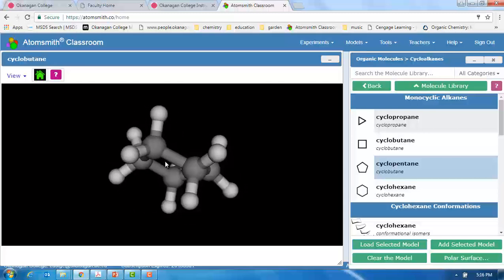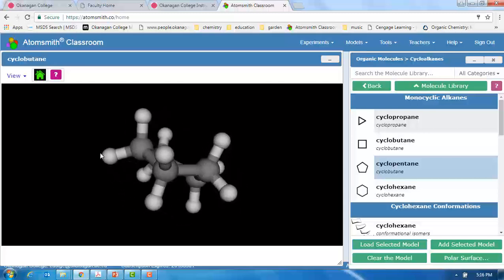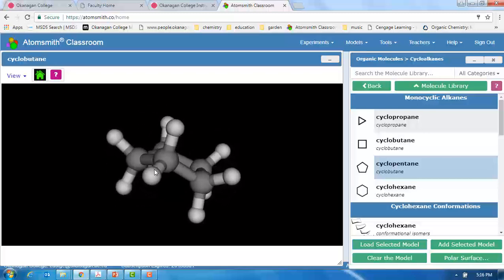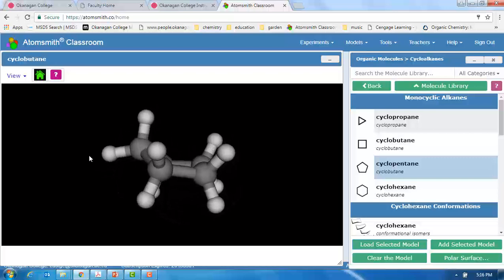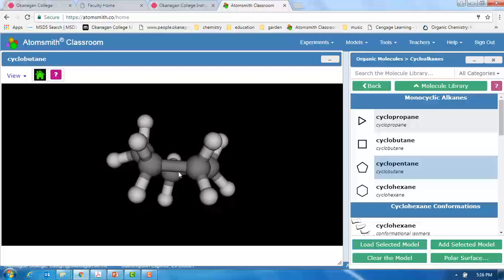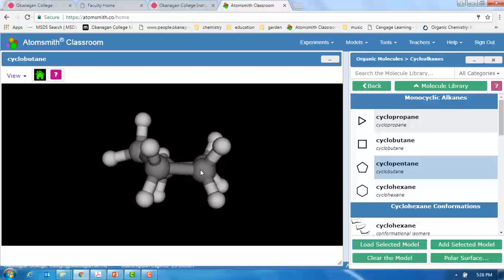And so I'm just going to move this a little bit so that we can see the envelope. So let me just move it around a little bit more. There. So you can kind of see the envelope where this portion here is raised. And certainly if I look down, for instance, from this carbon to the carbon back, the structure looks somewhat eclipsed.